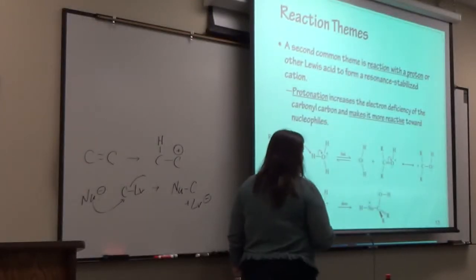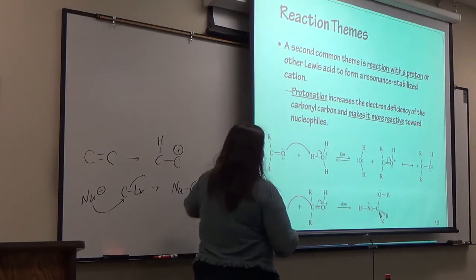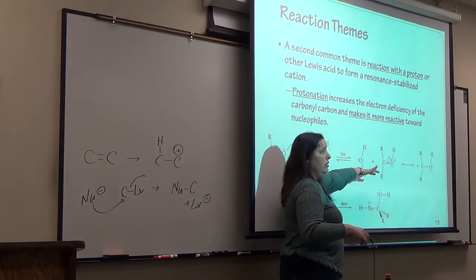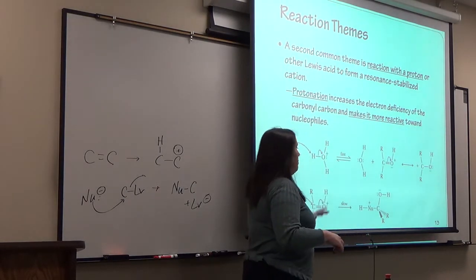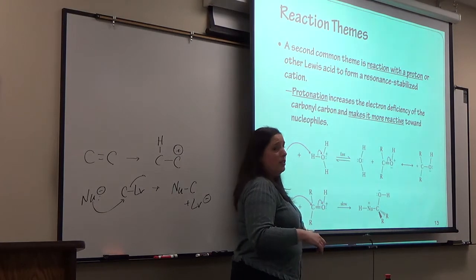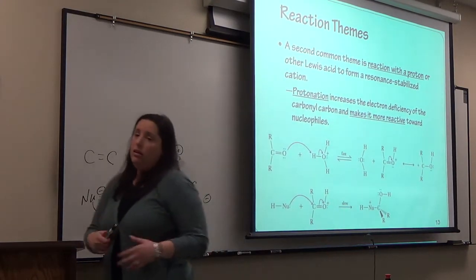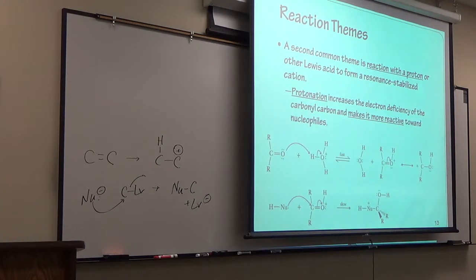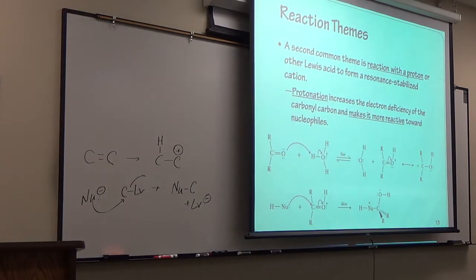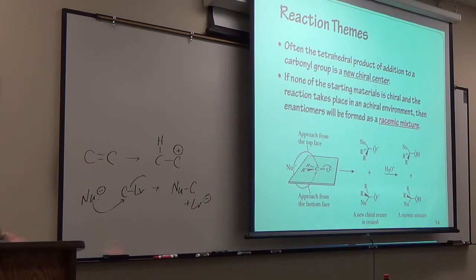And the first step, the protonation, is fast. What's going to be slow and rate determining is still the nucleophilic attack. So this is still the significant step. But with the protonation, we're making it a little bit easier to do, making the group more reactive, because carbonyls are pretty stable, so we have to take that into consideration.